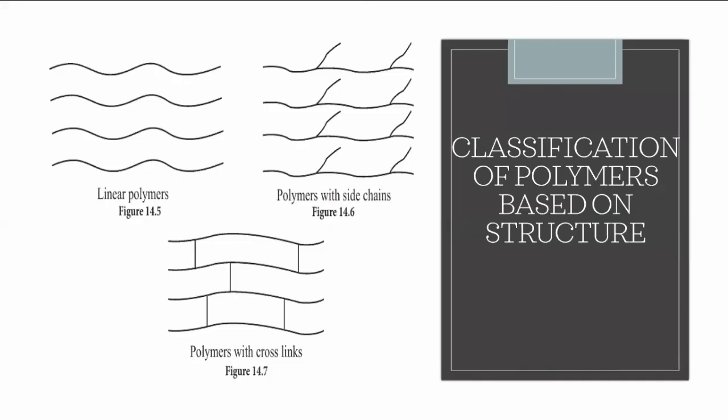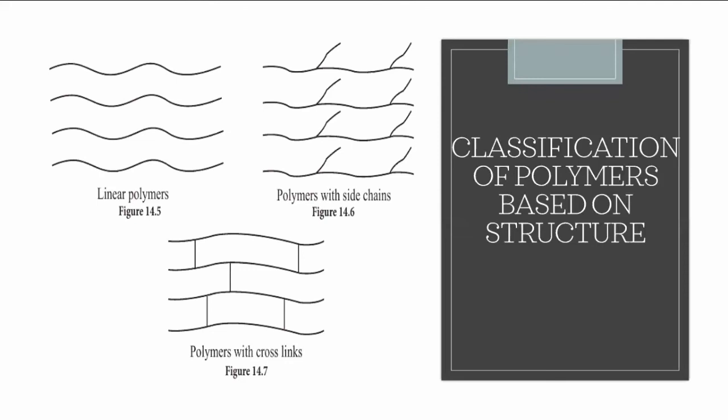Classification of polymers based on structures. As you can see, most of the polymers that we discussed so far have linear structures. They are linear chains, but not all polymers are linear. By joining polymer molecules laterally to the principal chain of the linear polymers, branched polymers are produced.